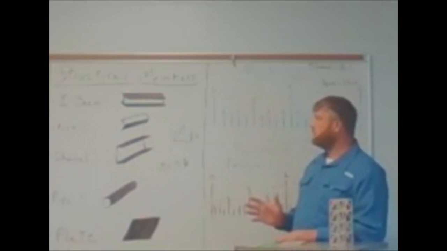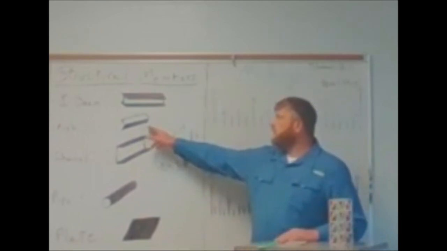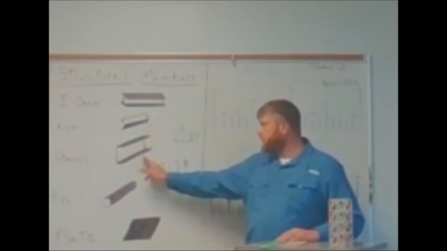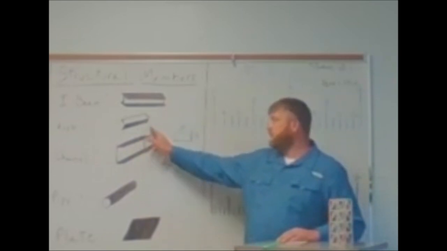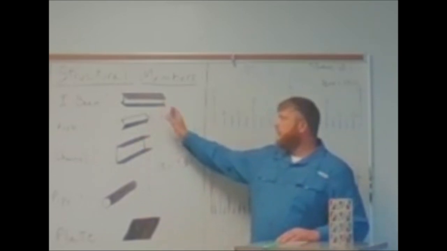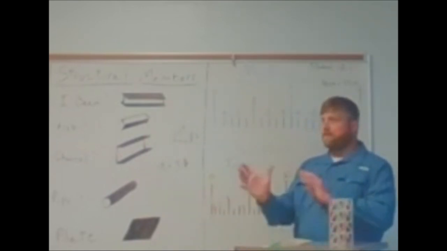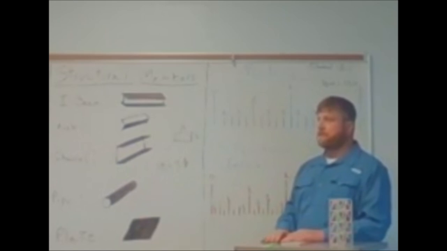To a certain extent. Welding angle iron to I-beam is very easy. Welding angle iron to channel is easy. But I-beam to I-beam, there are so many surfaces that it gets a little tricky.